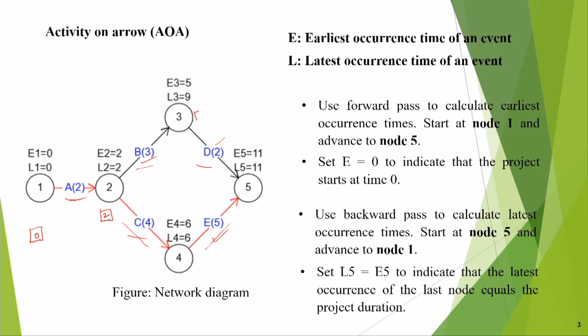So, naturally it will take 5, 2 days this, 3 days this, so 5, and 5 plus 5 is 10, but we have to see the other path also. So, here this is 2 and this takes 4 days. So, event 4 can start only at 6. Okay. Now, 6 plus 5 is 11, but 5 plus 2 is only 7, but you have to take the maximum one.